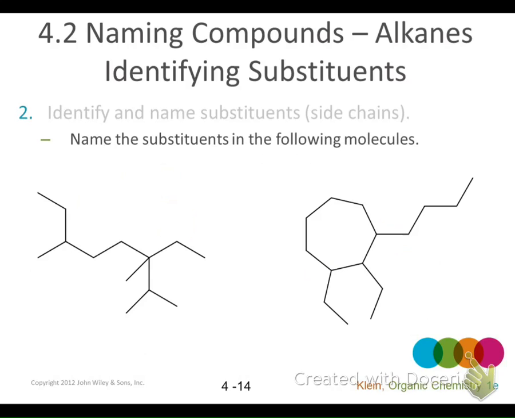All right, so we're going to name these substituents. We'll start with the one on the left. That's my octane. Let's start by naming, I called this 1. So we're going to name this, and this, and this, because those are all 1 carbon, so those will be methyls.